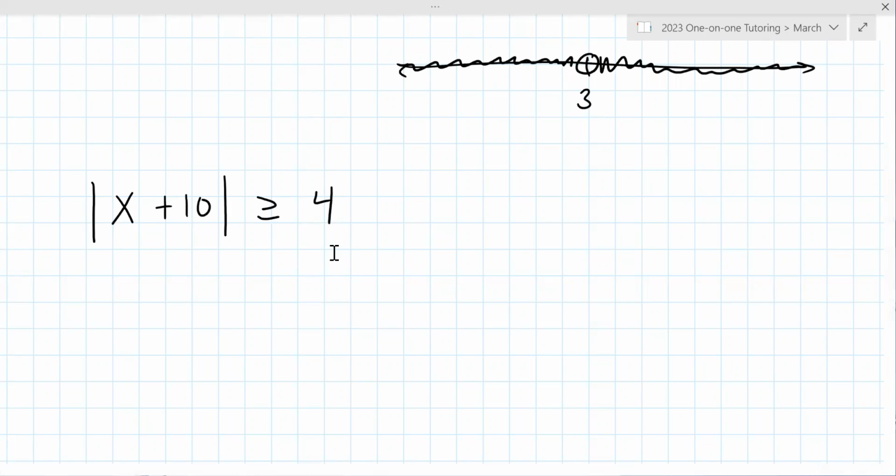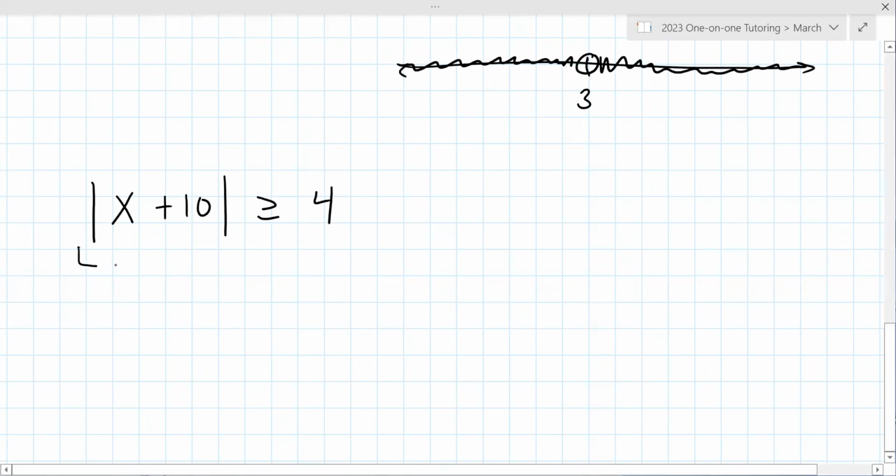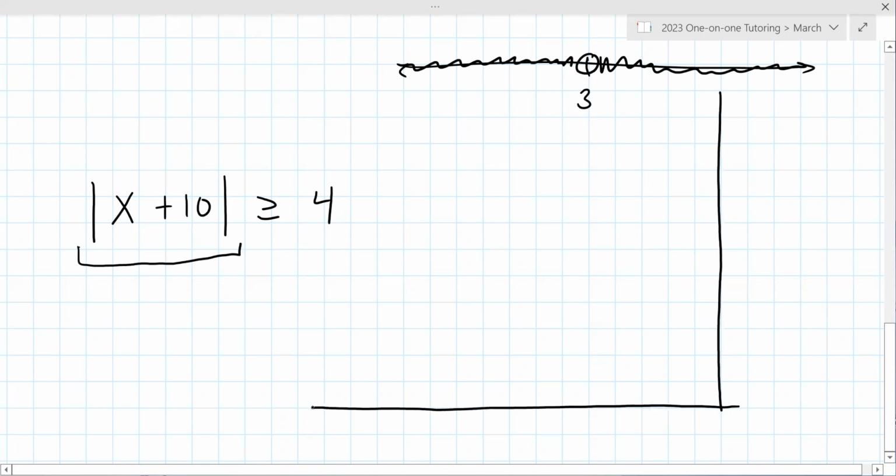So let's start with the graph. The way you guys are doing this is a bit awkward. When you say graph, you're talking about the XY plane, like you did in class? Yeah. Okay. That's fine. So the graph of this, absolute value of x plus 10, means that it's got a vertex at minus 10 comma 0.